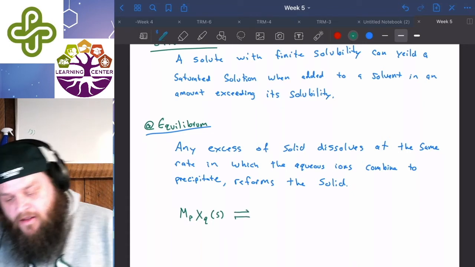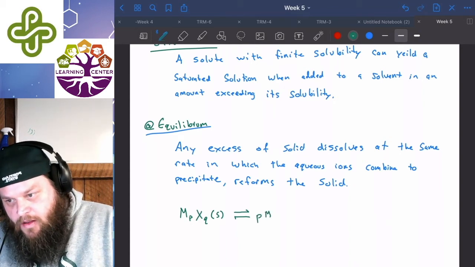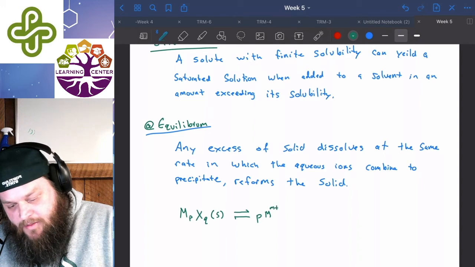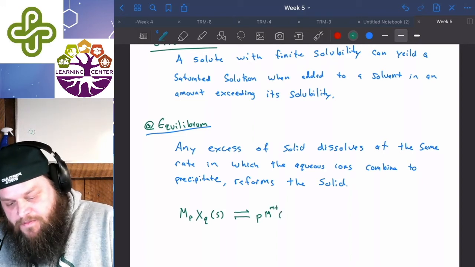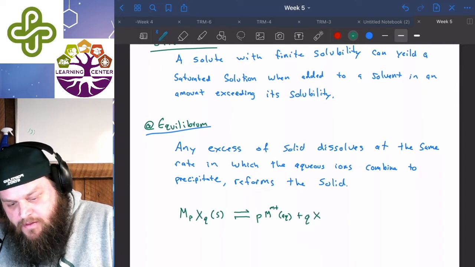This is going to dissociate into P moles of M with a lowercase m as the charge, plus, say, Q moles of X, and minus.